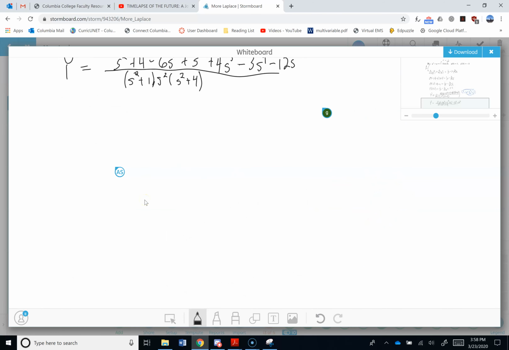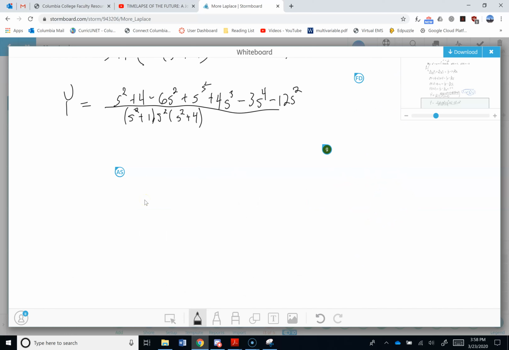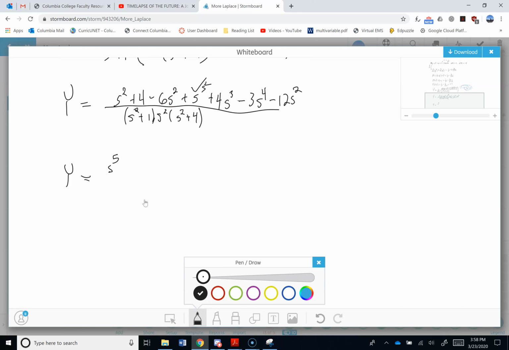That's pretty gross. Yeah, so things are gross, but the good news is all you have to do is just keep your wits about you just a tiny bit and not panic. So I'm just going to collect terms and I'll mark them off as I do. So I got an s to the 5th for sure, right? That's that one.